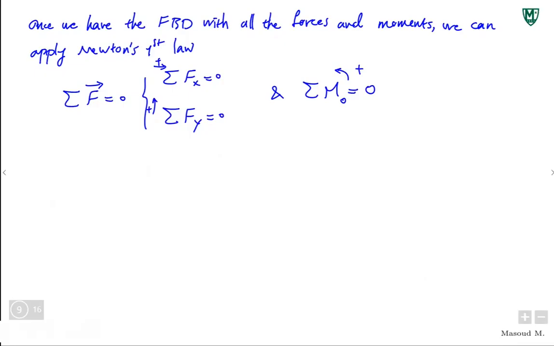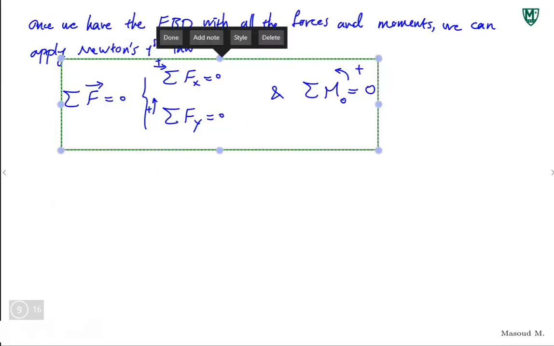Let's go with the beam again. So I'm just going to emphasize that these are what you need to use once you have your free body diagram. I'm just going to include the whole thing. All right, let's take a look at another beam. Beams are very important structures in engineering. Over and over, you'll deal with beams a lot later on.